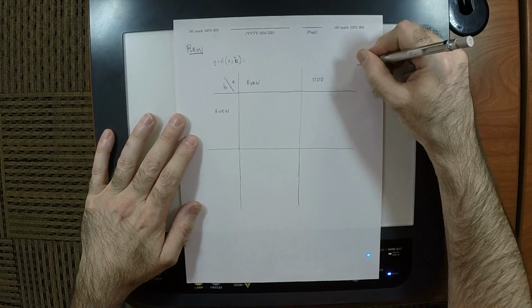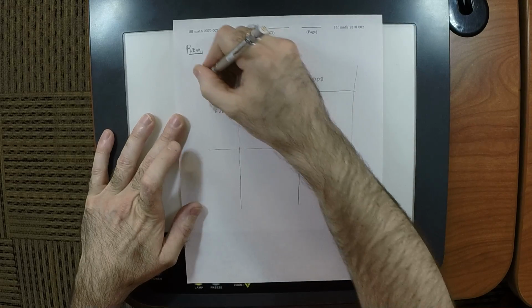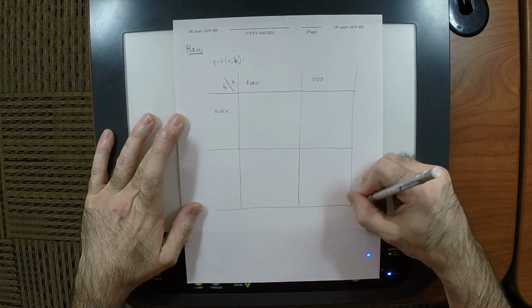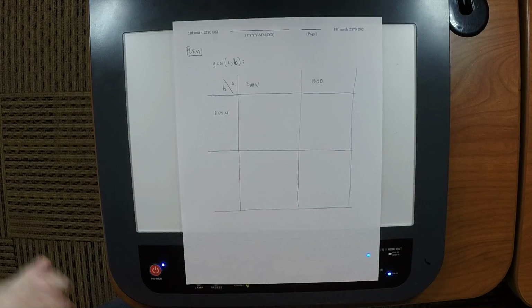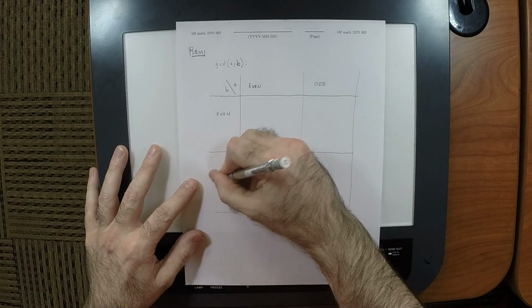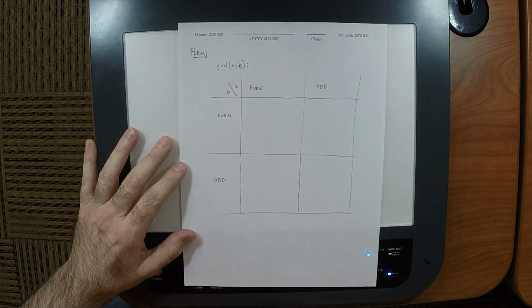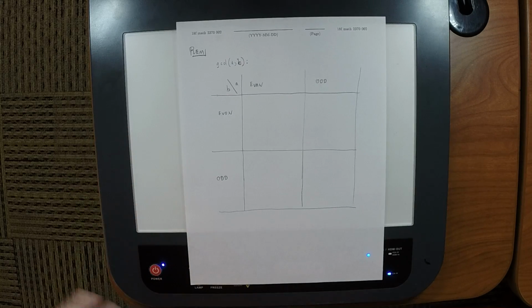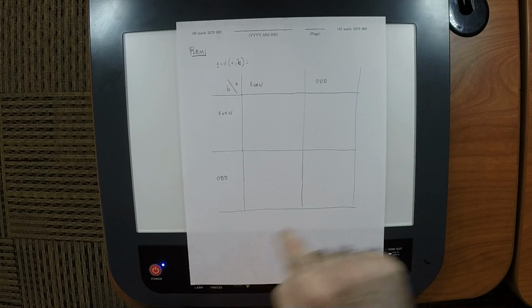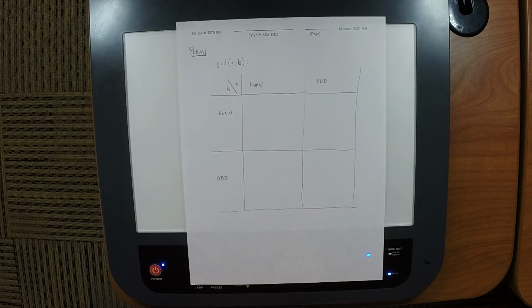So what I want you to see is that if we want to be clever concerning powers of 2, divisibility by 2, we have to be able to write something in each one of these boxes. There's 4 possibilities.